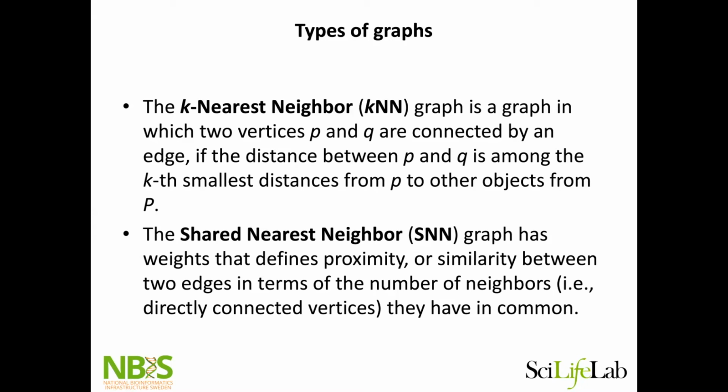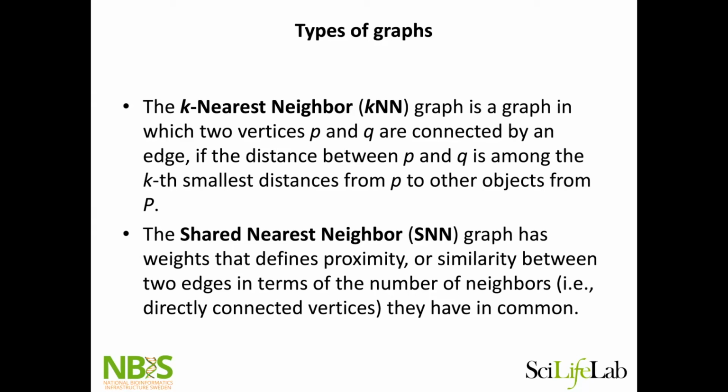We will mainly during this course talk about KNN and SNN graphs. The KNN graph is what I explained. First you have your distance matrix and you take the smallest distance from one cell to any other cells, the 9 smallest if k is 9, for instance, and then you create edges. Then we can refine that graph by creating a shared nearest neighborhood graph.